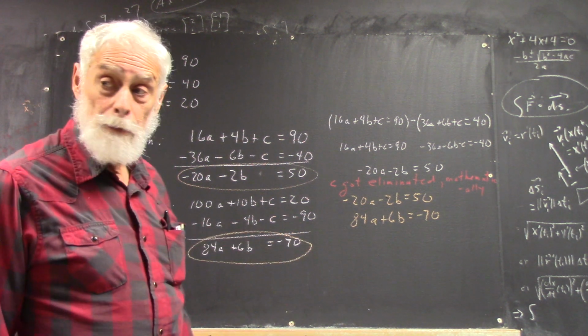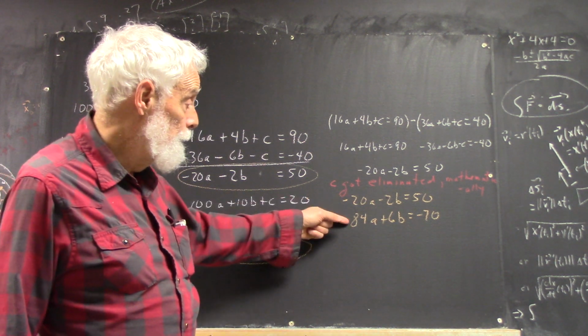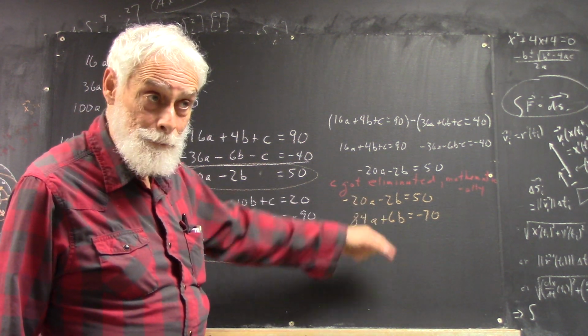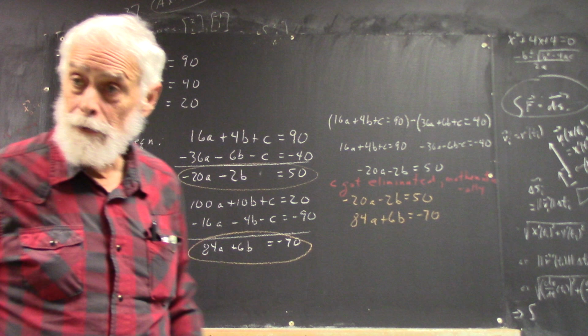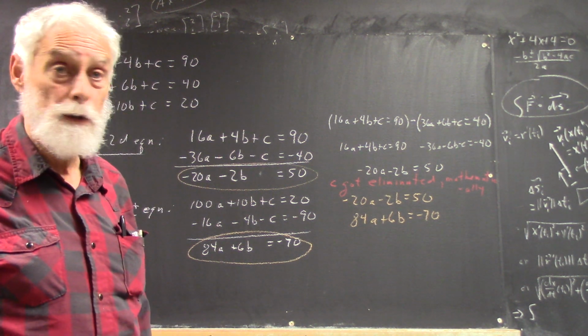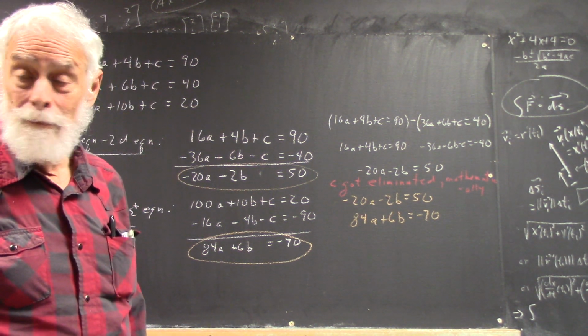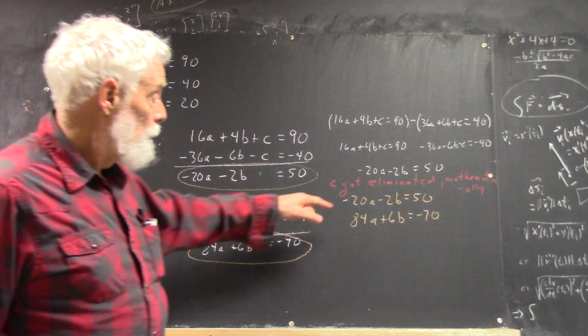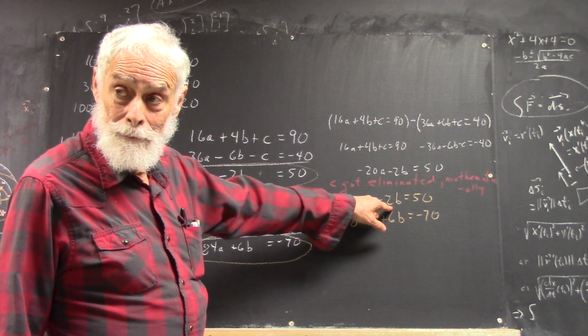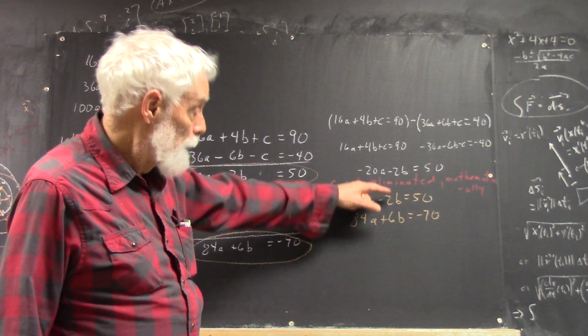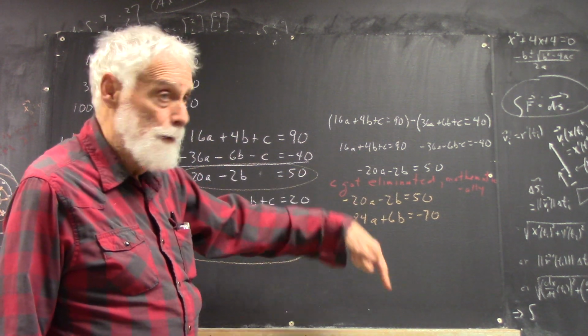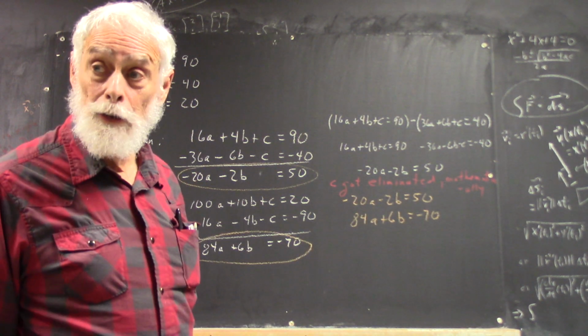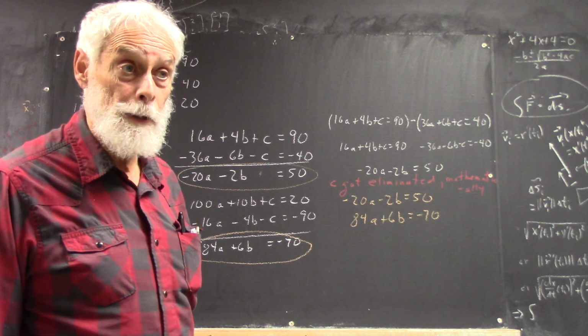I can't do that here because I've got different numbers in front of a and different numbers in front of b. So how can I make that work? Multiply one by 3, or divide the other by 3. If I multiply the first one by 3, then I'm going to have a negative 6b, and I have a 6b here. When I add them, b is going to go away, and I can solve for a, right?